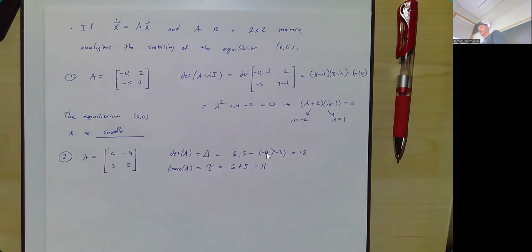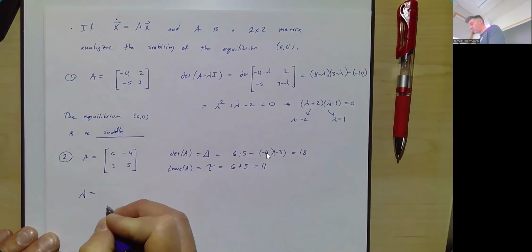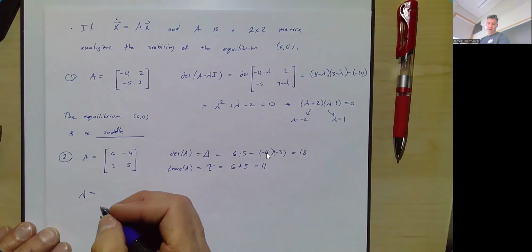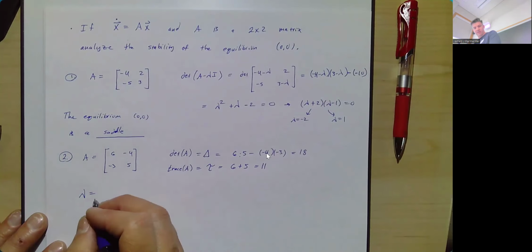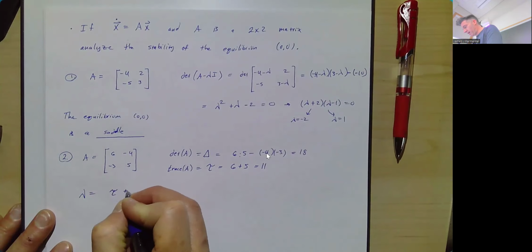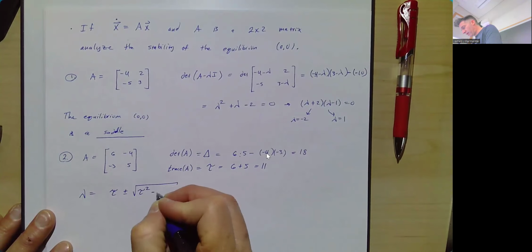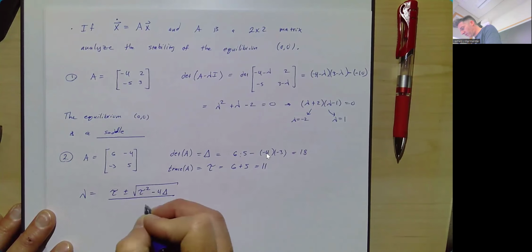And then the way we're going to find the eigenvalues is by using essentially the quadratic formula. Let me show you. So we're going to say that the eigenvalues are equal to, I always forget if it's the negative trace or the positive trace. It's going to be the trace plus or minus the square root of the trace squared minus 4 times delta, all over 2.